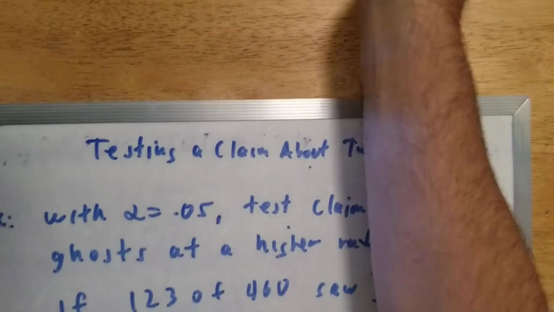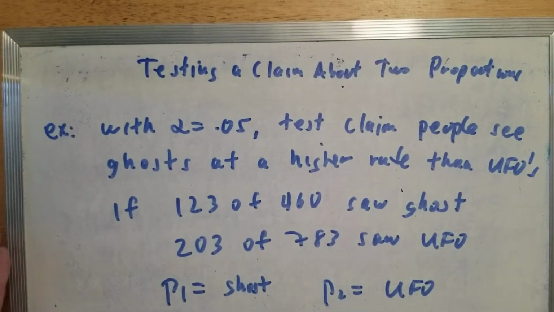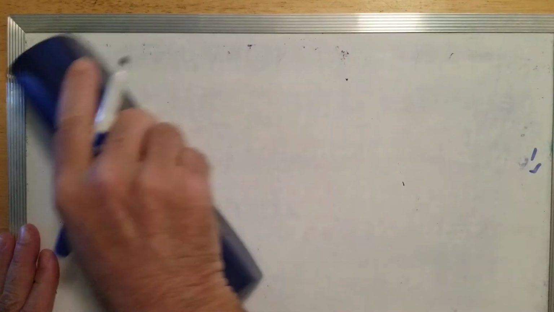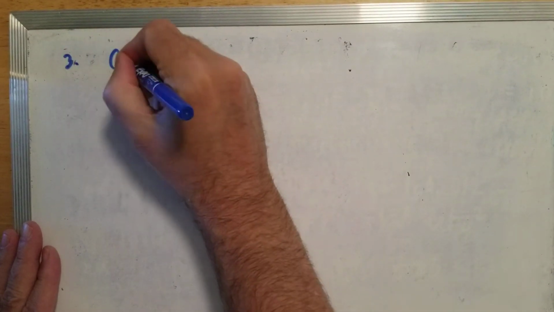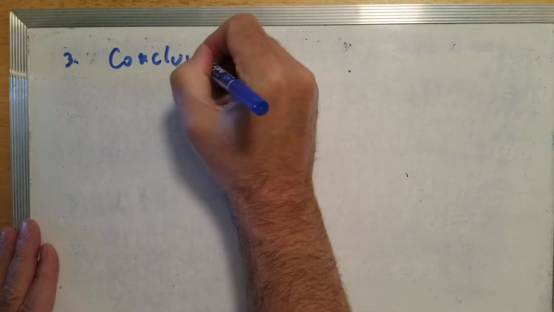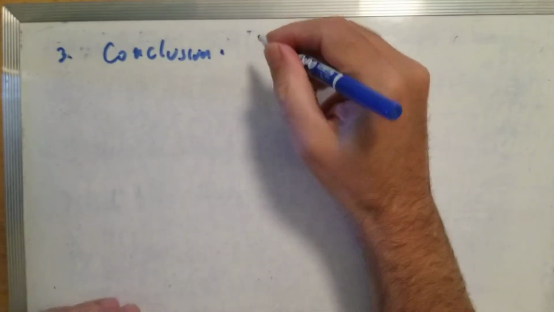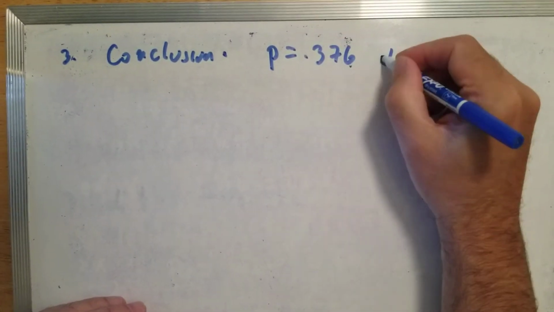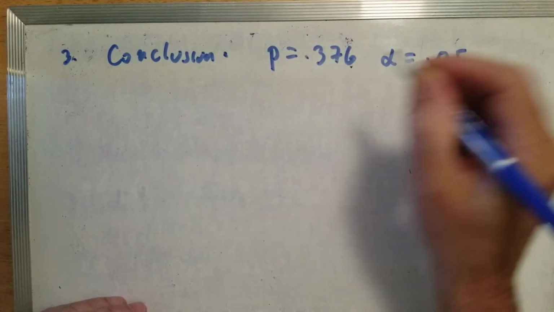So now we're ready to draw our conclusion. Step 3, the conclusion. P is 0.376, and the significance of the test is 0.05.